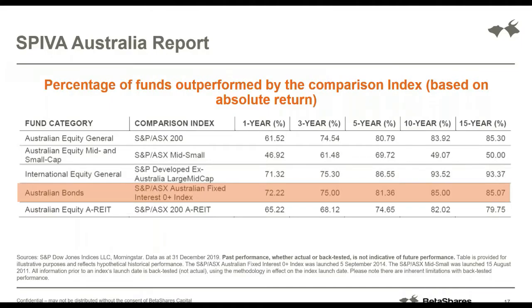Yeah, so just starting with S&P's SPIVA report, the results haven't been great for active managers, particularly in fixed income. Over the past 10 years, 85% of fixed income active managers have underperformed their benchmark, and over the past 5 years, 81% have underperformed.